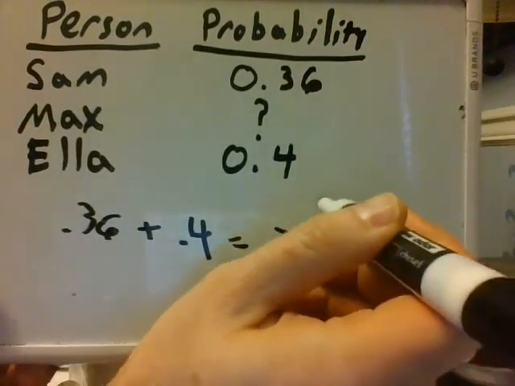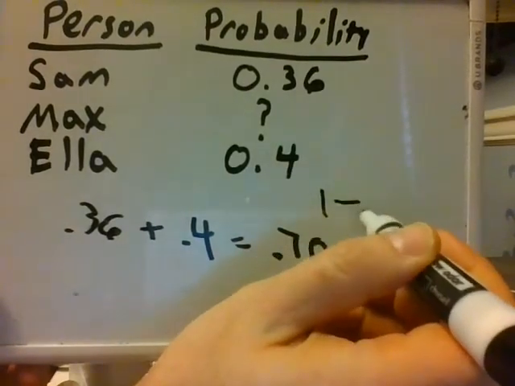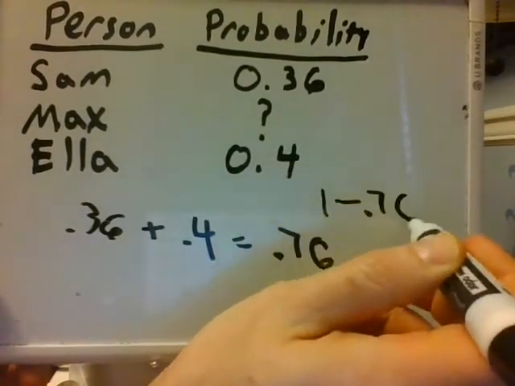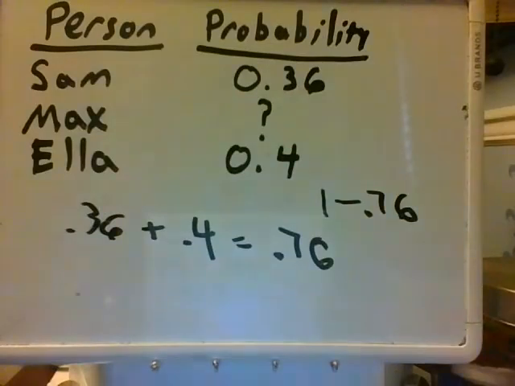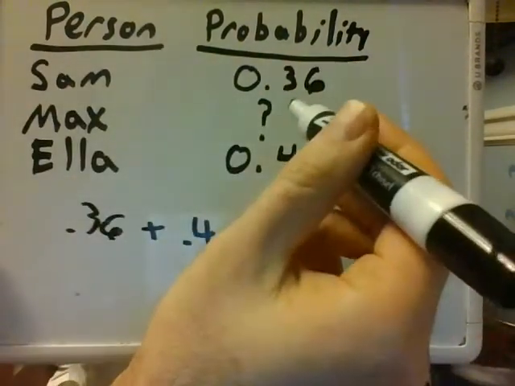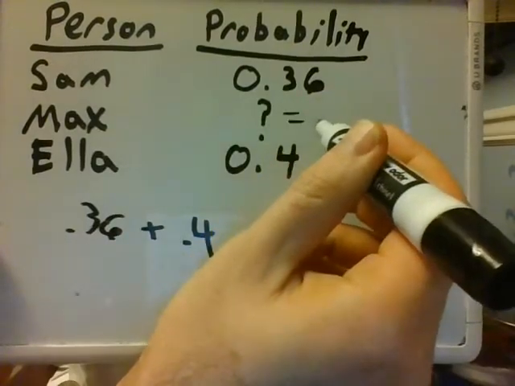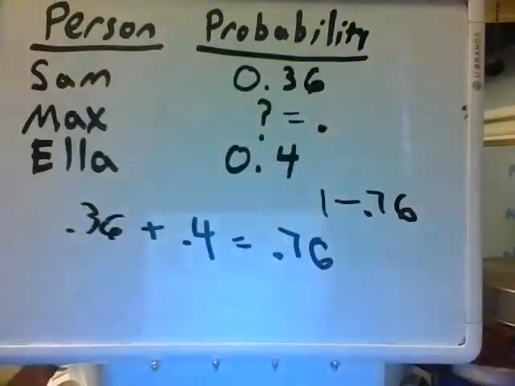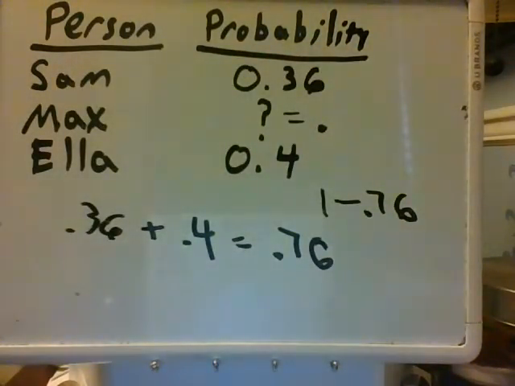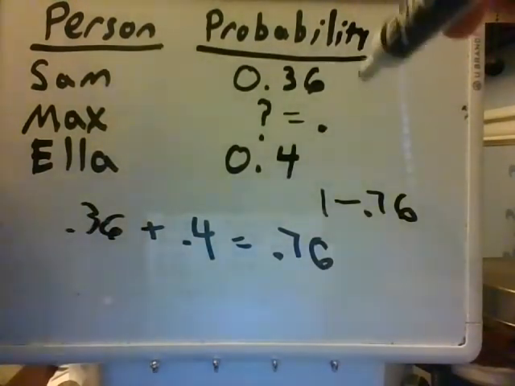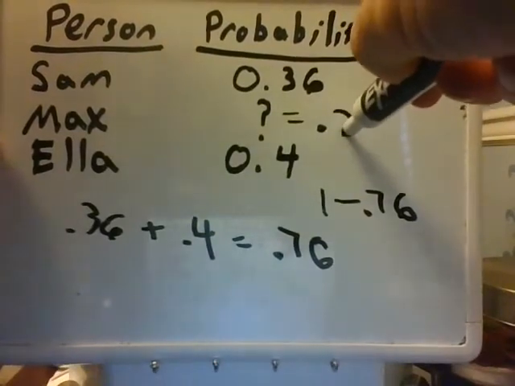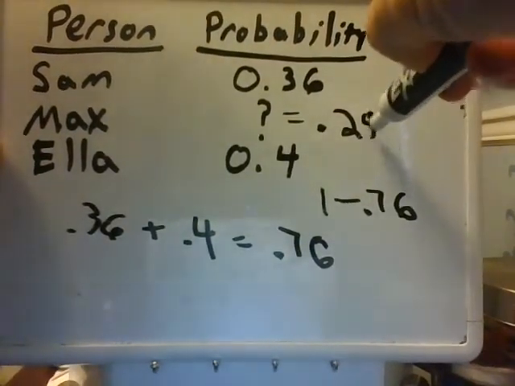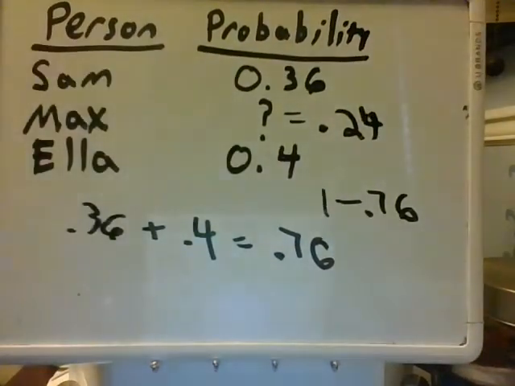So you're going to take 1 minus 0.76. Imagine it's like a dollar minus 76 cents. And Max's probability of winning is going to be 0.24. So that would be your answer there.